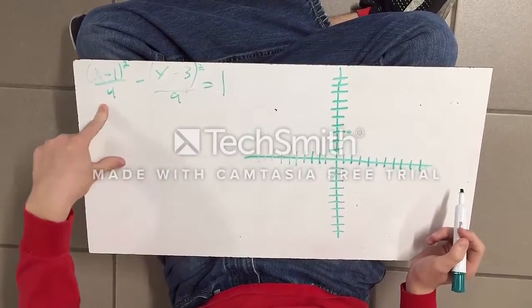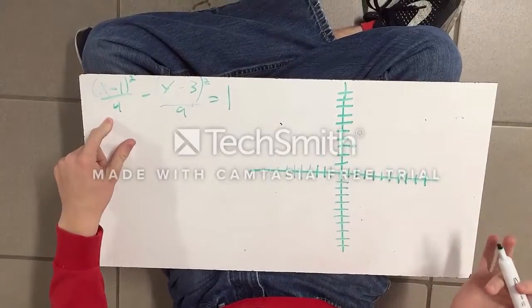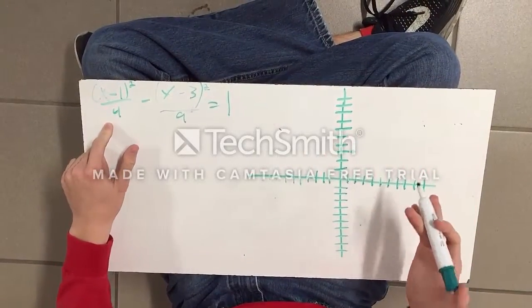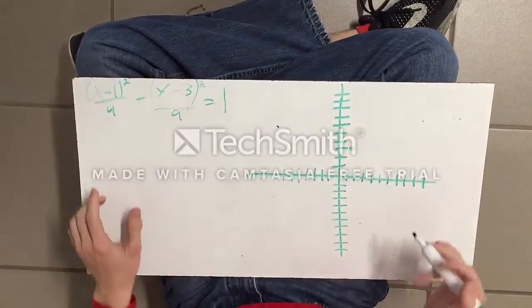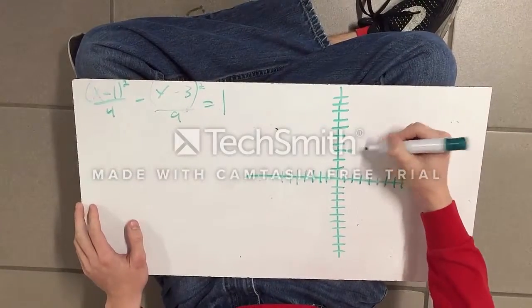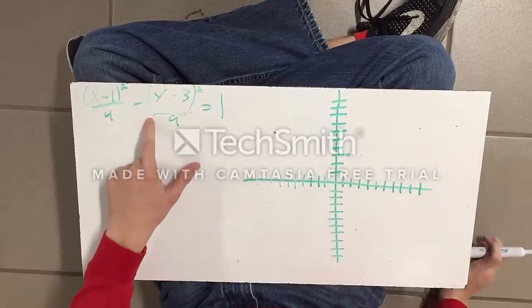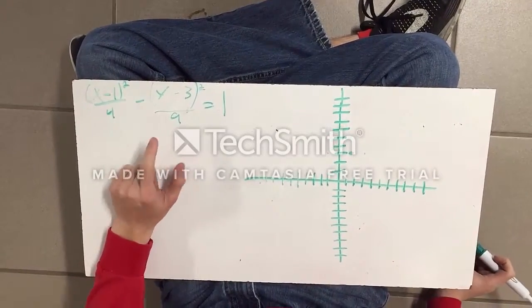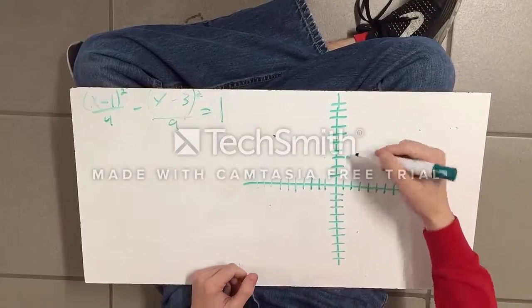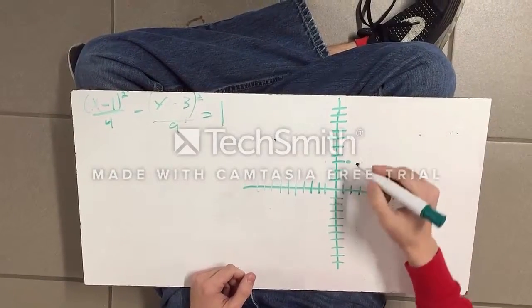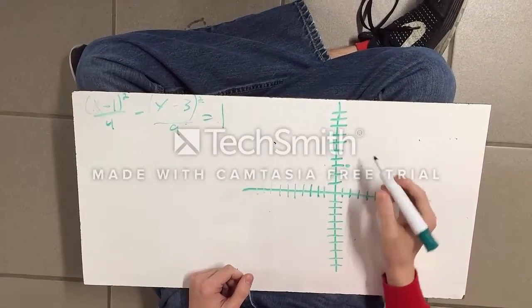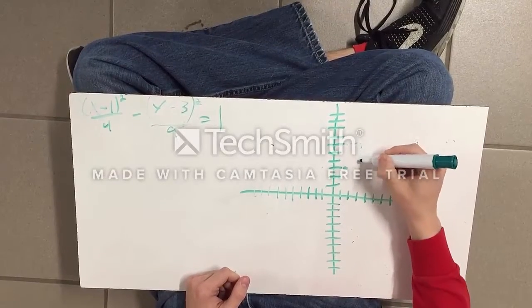Now under the x value is 4, so the square root is 2. So since it's under the x value, we go to the left and right 2. Now for the y value, the square root of 9 is 3, so we go up and down 3. We draw a little box.